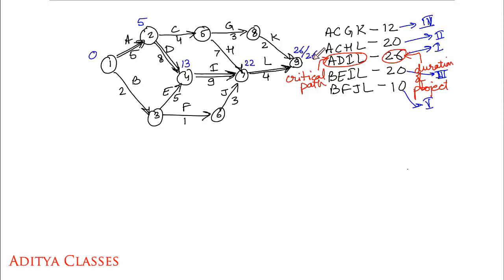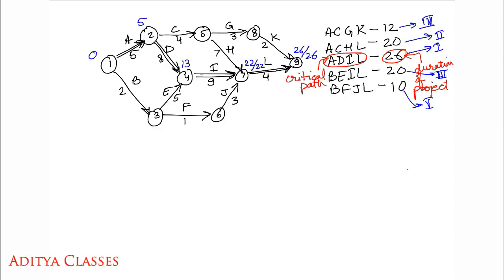Because I have to finish this task by 26, when should I start activity L? If you have to finish it at 26, and it takes 4 time units, then 26 minus 4, you definitely have to start it by 22.